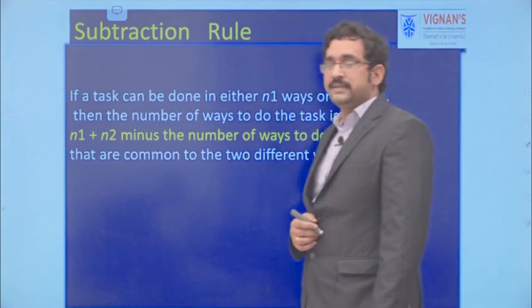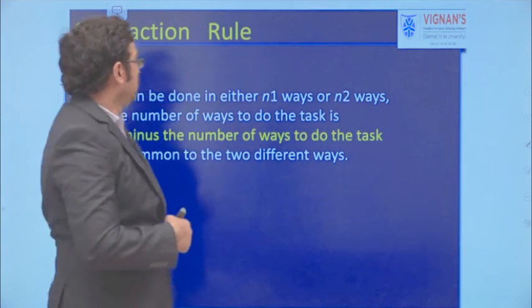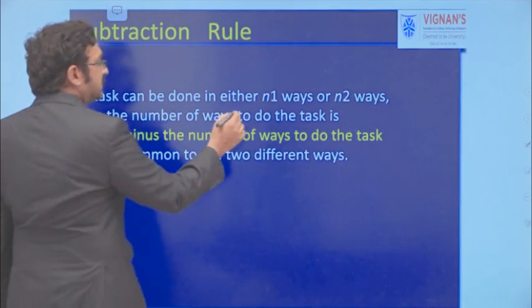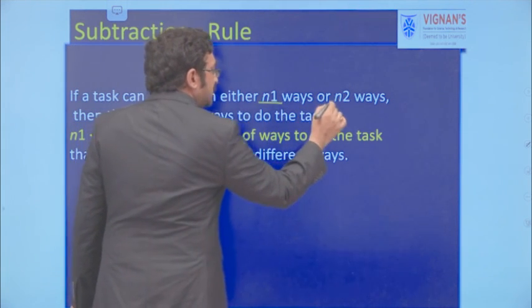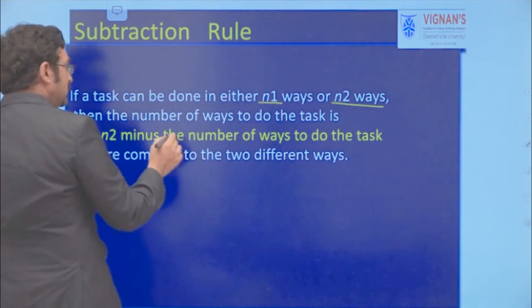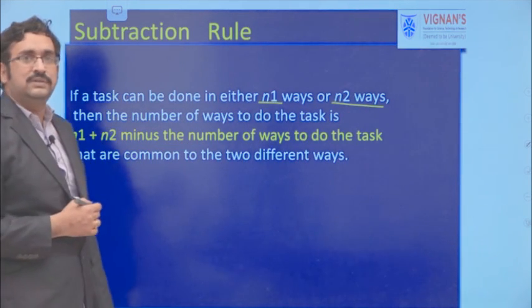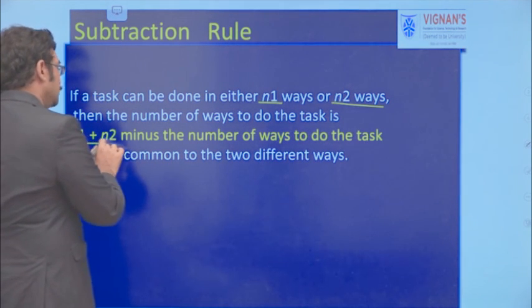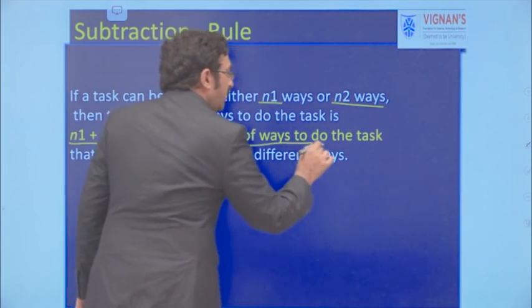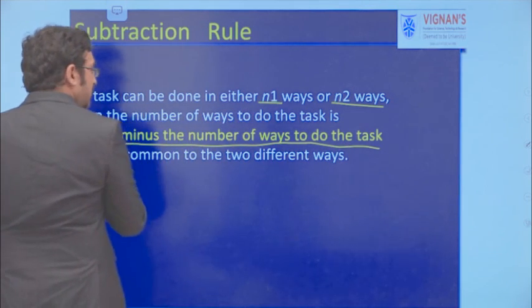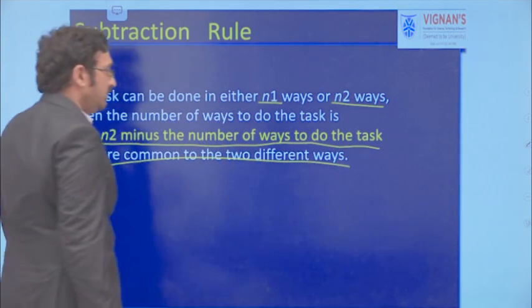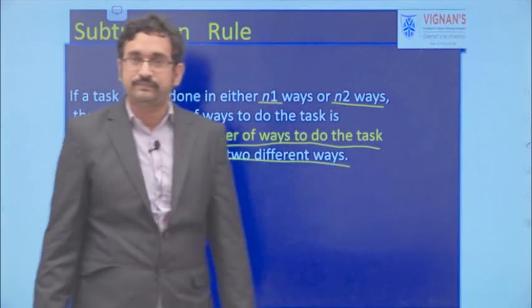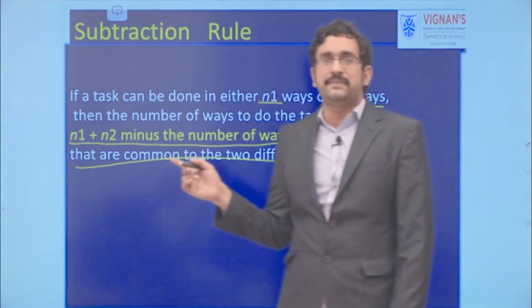Next, we are discussing the subtraction rule. If a task can be done in either n1 ways or n2 ways, then the number of ways to do the task is n1 plus n2 minus the number of ways to do the task that are common to the two different ways. This rule is called the subtraction rule.